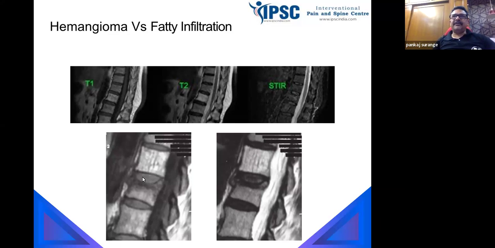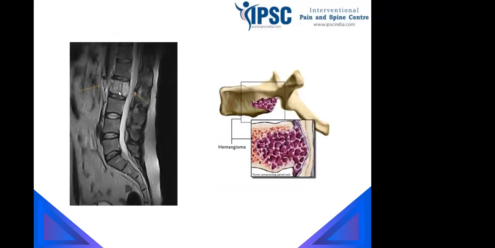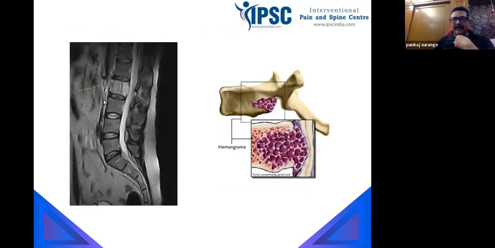So this is a method to identify whether it is fatty infiltration or hemangioma. Now look at this. Is it hemangioma or fatty infiltration? Hemangioma, very good, because we can see some linings over here.